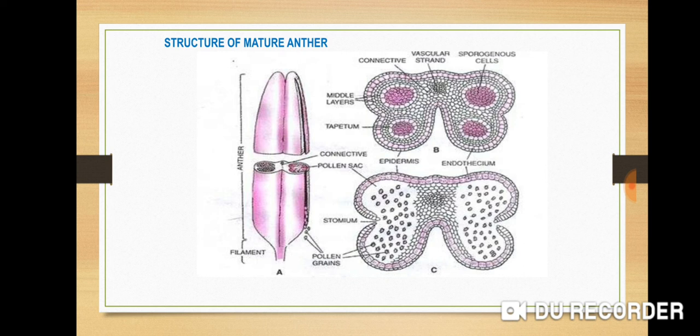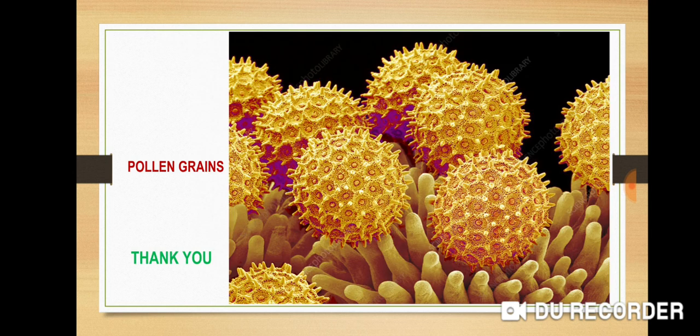The pollen mother cells get suspended in the periplasmodium and obtain nourishment from it for pollen development. The classical examples of amoeboid type of tapetum found in anthers are Typha and Tradescantia. These are the common examples.